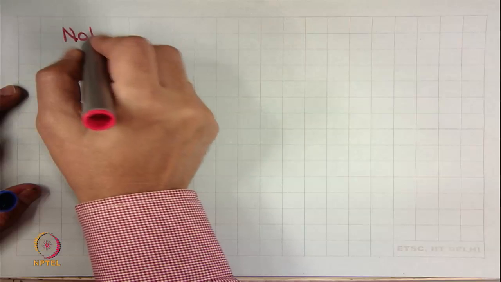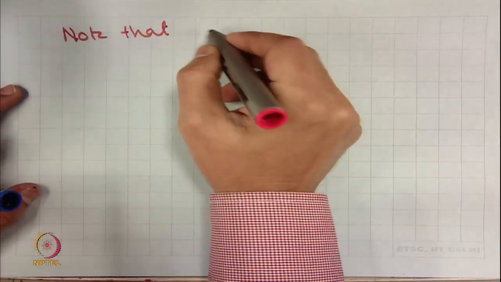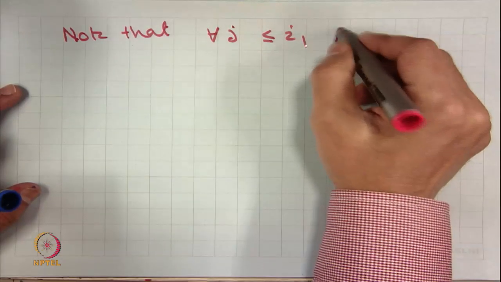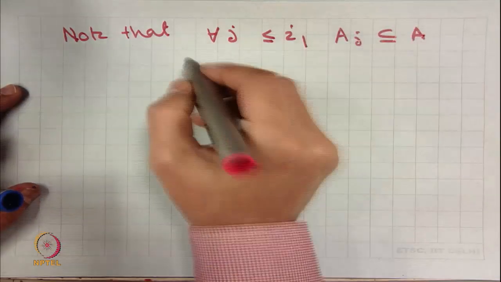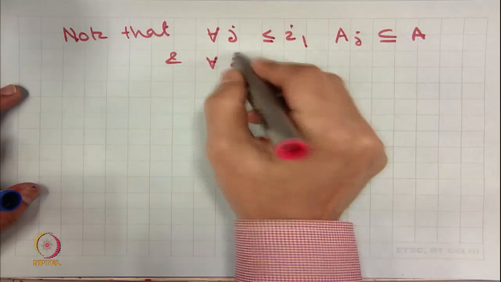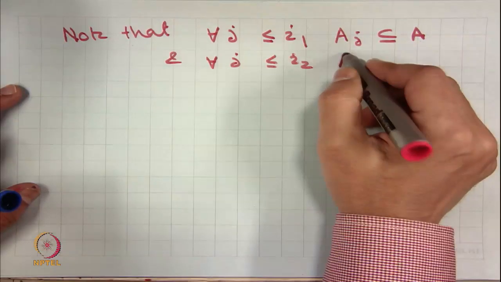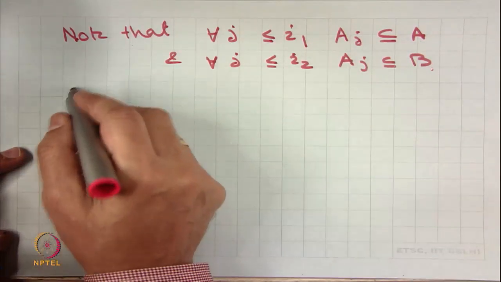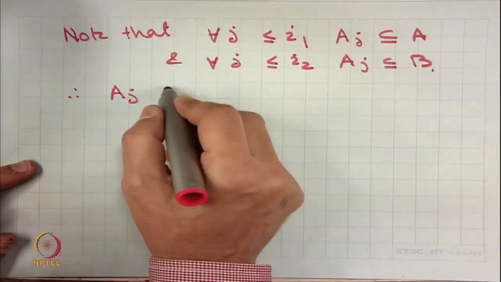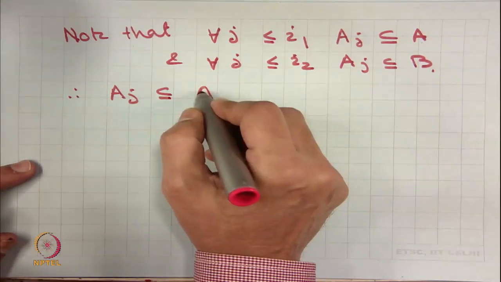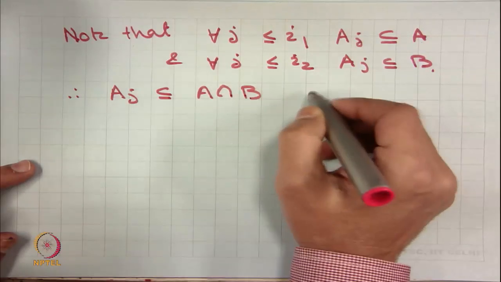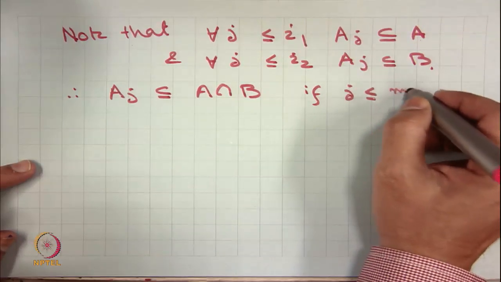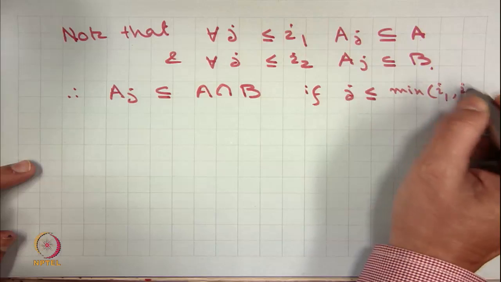Note that for all j less than or equal to I1, Aj is contained in A, and for all j less than or equal to I2, Aj is contained in B. Therefore, Aj is contained in A intersection B if j is less than or equal to minimum of I1, I2.